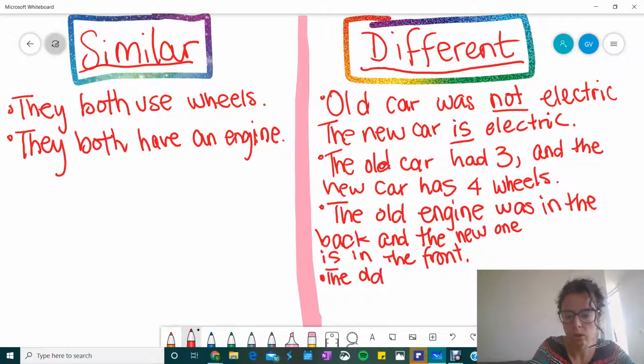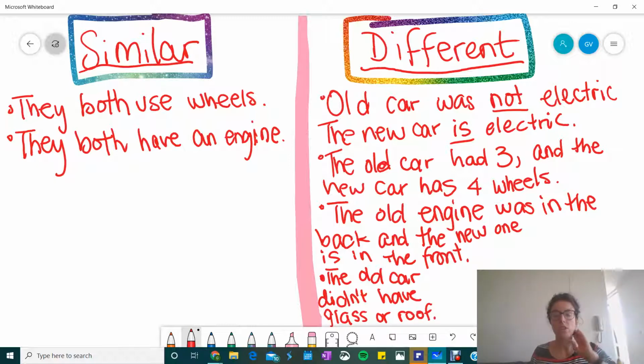The old car didn't have glass or roof. Okay. So we know that the old car is different from the new car because it didn't have a roof on top and it did not have any windows to protect you.